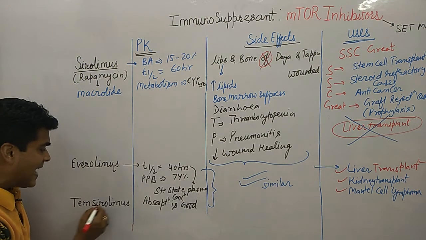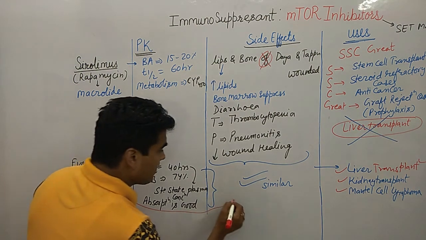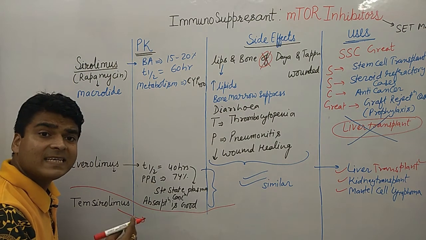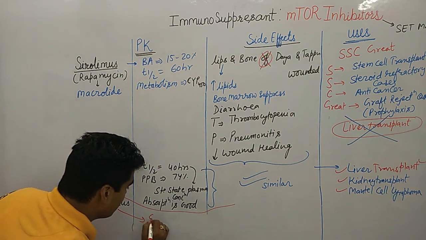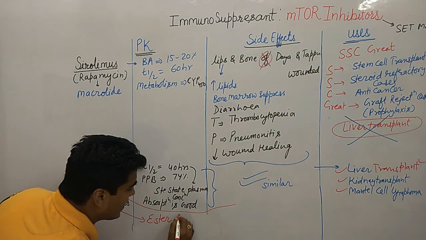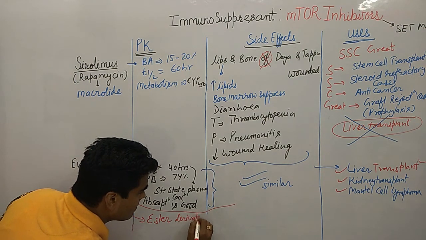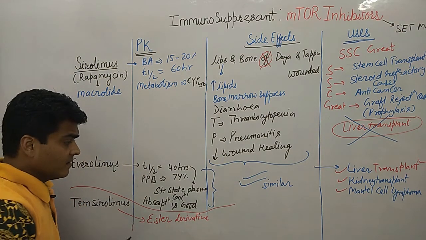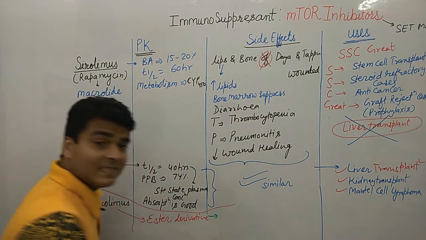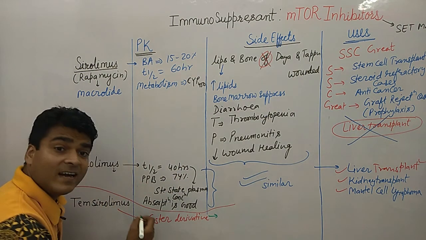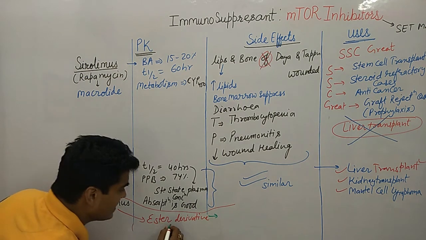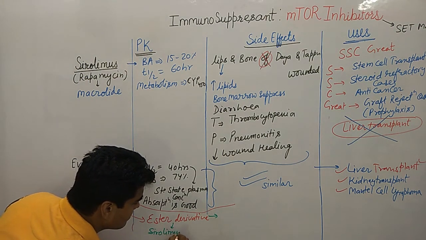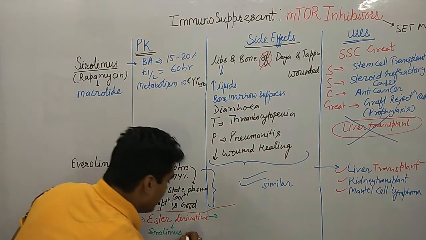Now looking at temsirolimus, okay. Temsirolimus is basically an ester drug. It is an ester derivative. So when this drug is given to the body, it converts into sirolimus.